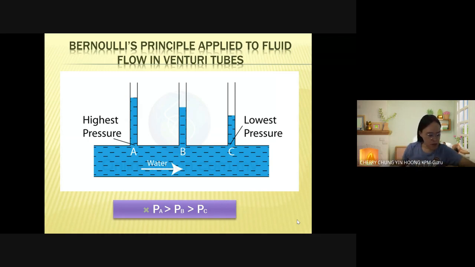Okay, the third point: the total energy remains the same for the fluid system, because part of the fluid loses energy while another part gains energy at the same time.